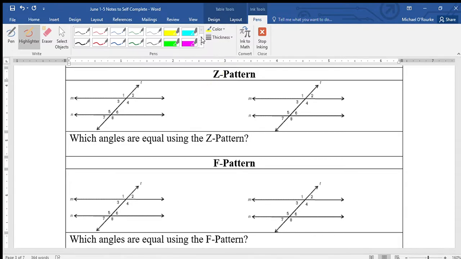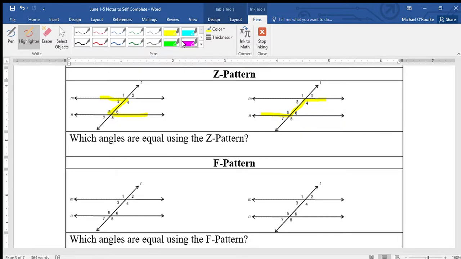It's something that makes a Z, ironically. And it'll look like this. A Z can also go backwards, so you could write your Z like this.